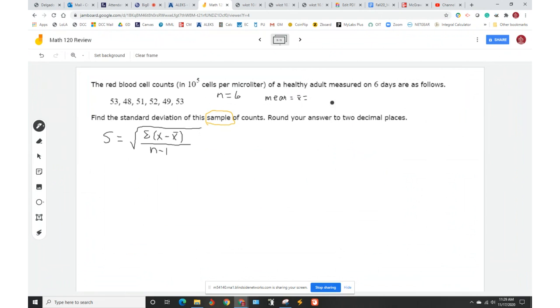And then we're just going to add them all up and divide by 6. No matter whether you're dealing with the population or the sample, for the mean, the calculation is exactly the same. The only thing that's different is that last step before you take your square root on the standard deviation.